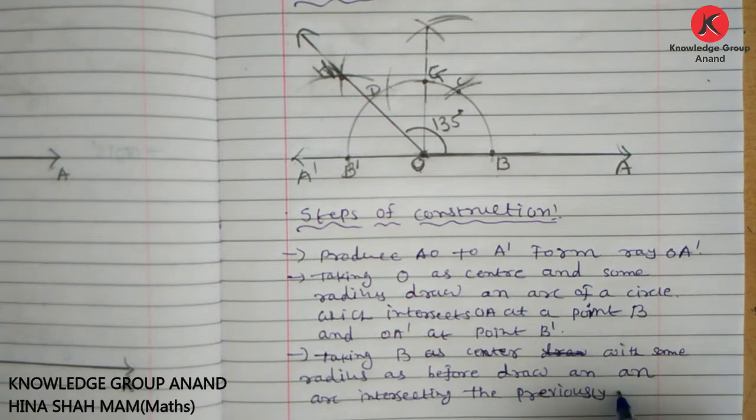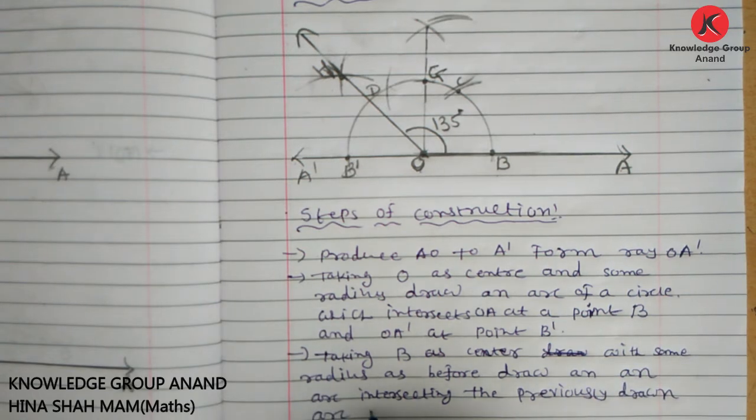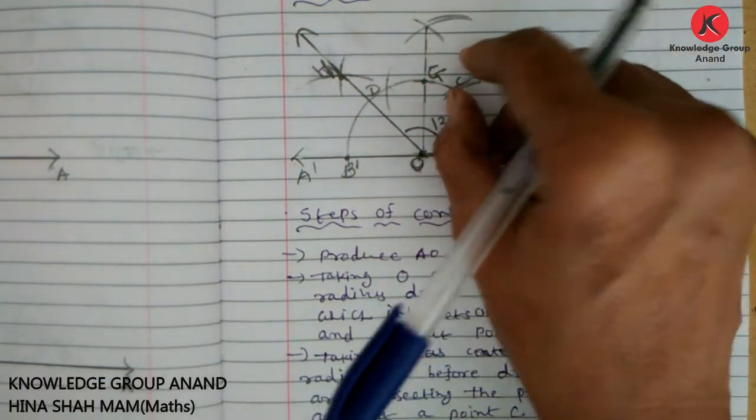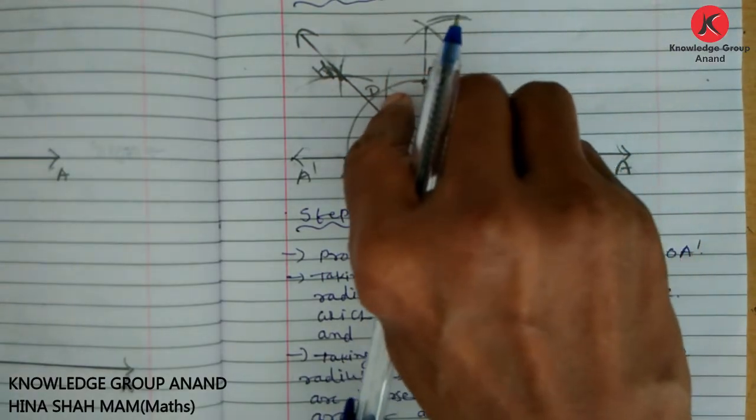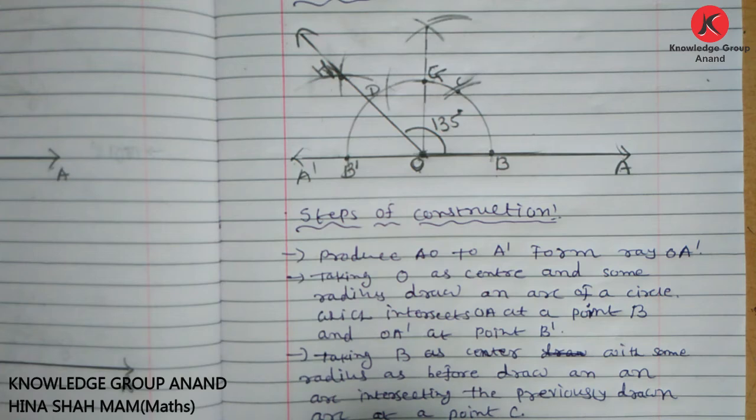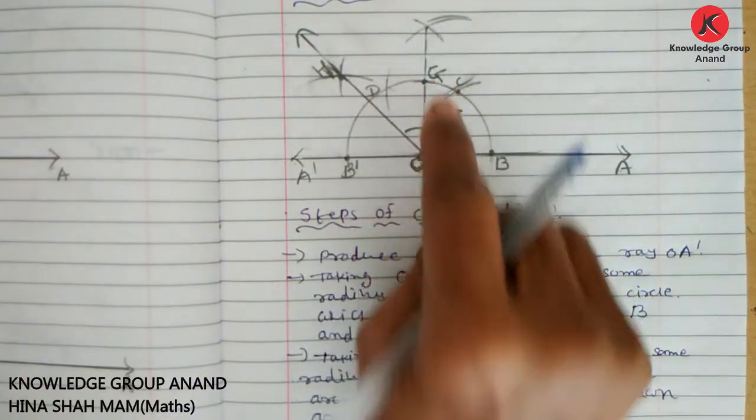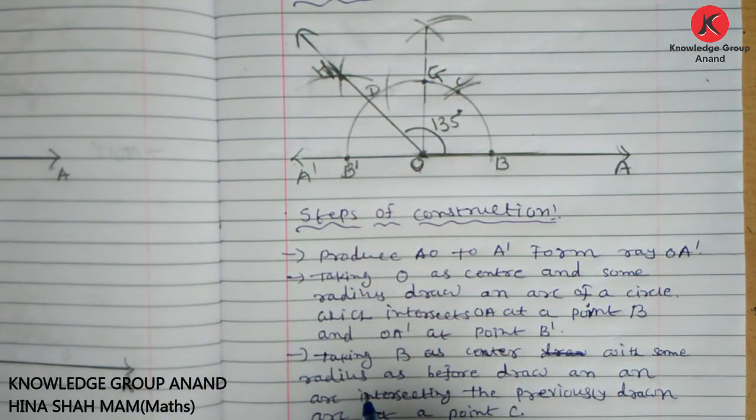Previously drawn arc at point C. We draw here point D and draw ray OG, making an angle 90.